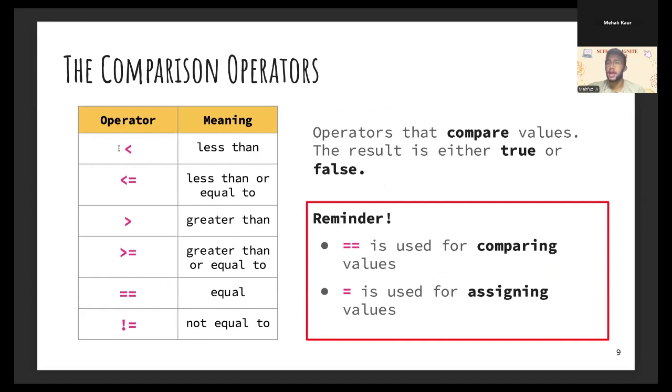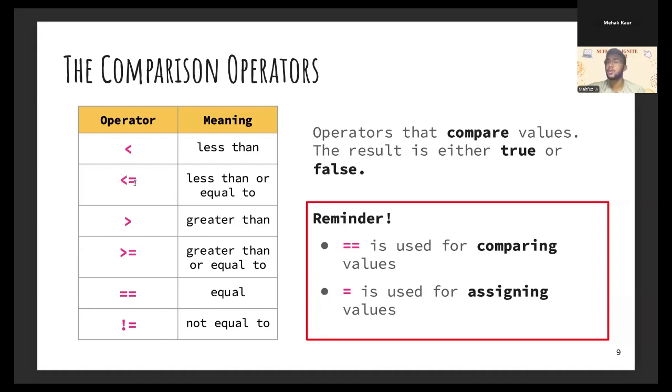Let's say there's an x on one side of this operator and a y on the other side. What this would check is whether x is less than y. If x is less than y, then it would return a Boolean value. We'll go over some examples later on, so this becomes more clear if you guys are struggling to understand it right now. But that is how the operator works. So this is the less than operator.